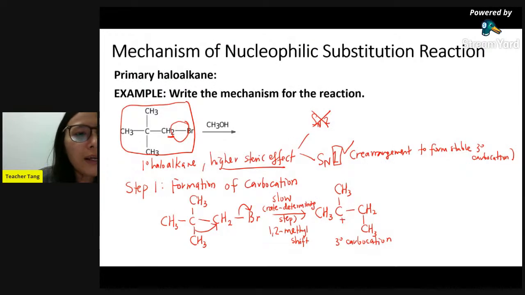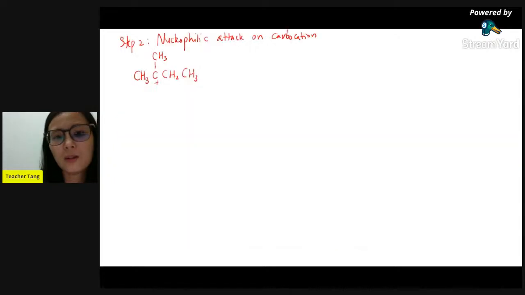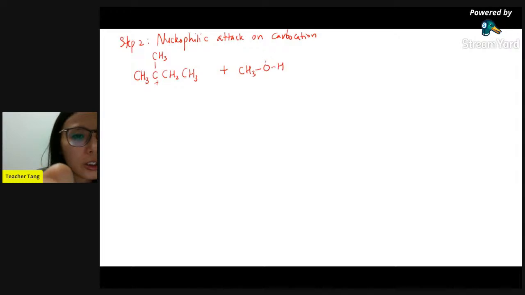So the nucleophile is this one, the alcohol, CH3OH. It is rich in electrons at the oxygen, which has 2 lone pairs. So the alcohol will attack the carbon that carries the positive charge using the lone pair on the oxygen.